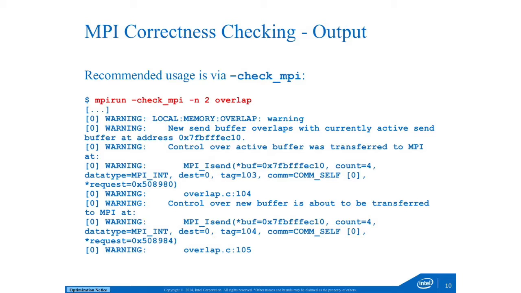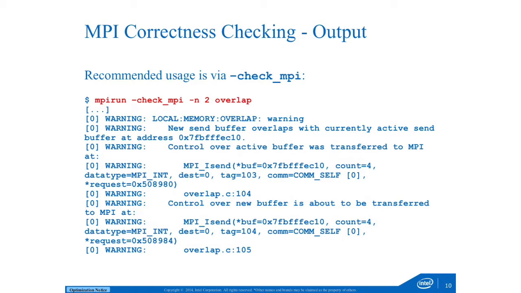This is how it looks in the standard output with -check_mpi. And you see it is issuing warnings, and here it's a memory overlap, so probably a buffer is reused before having an MPI_Wait on that buffer.